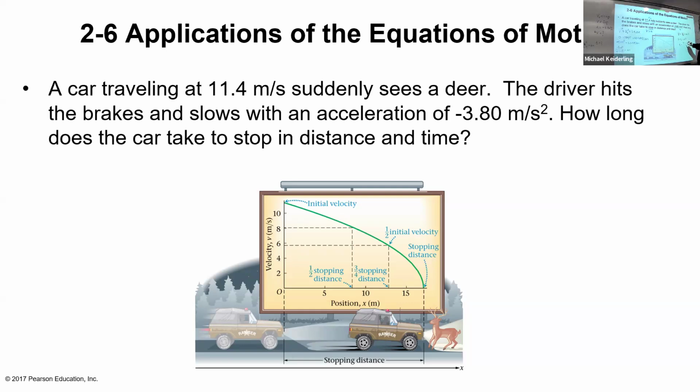Time equals velocity minus initial velocity over acceleration, which will be 0 minus 11.4 meters per second over negative 3.8 meters per second squared. Time will come out to 3.0.